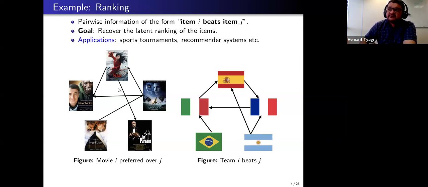So you can think of an application of this in the context of recommender systems. For example, if you go to IMDb, it would typically want to learn the internal preference of movies for a user, like for me. So to learn that, it might perhaps show me pairs of movies and ask me to choose which one I prefer, right? And so if it shows me these 5 movies, and it shows me maybe Avatar and Titanic as a pair, I would prefer Avatar.